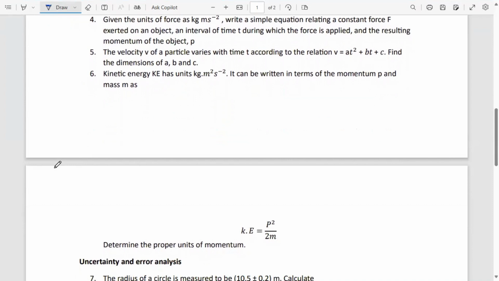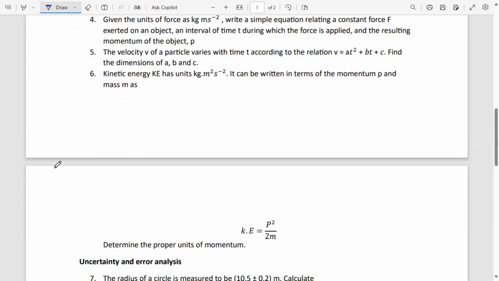The velocity of a particle varies with time t according to the relation v is equal to at squared plus bt plus c. Find the dimensions of a, b, and c. So what are we going to do here? This question is not very difficult.